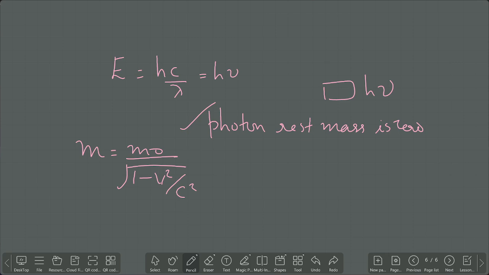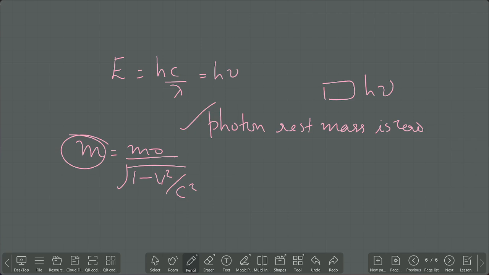Just for understanding, we don't need to go that deep; the final equation is enough. Mass can be written in terms of rest mass m0 by root of 1 minus v square by c square. So this is called relativistic mass. When a particle moves with a velocity close to the speed of light, its mass actually increases. Looking at this equation, when v increases, mass increases.